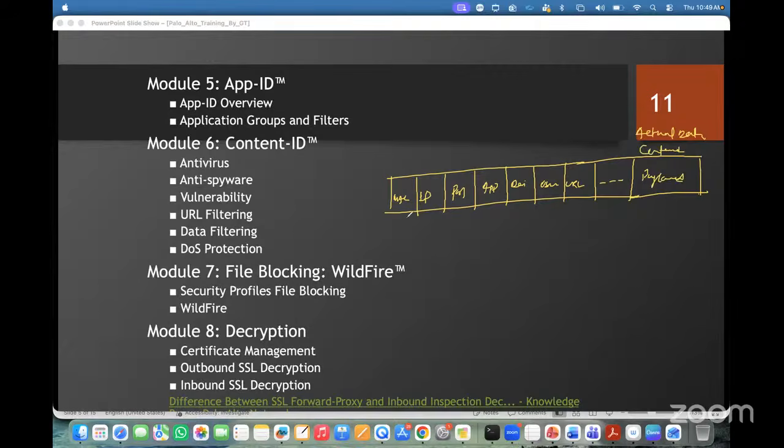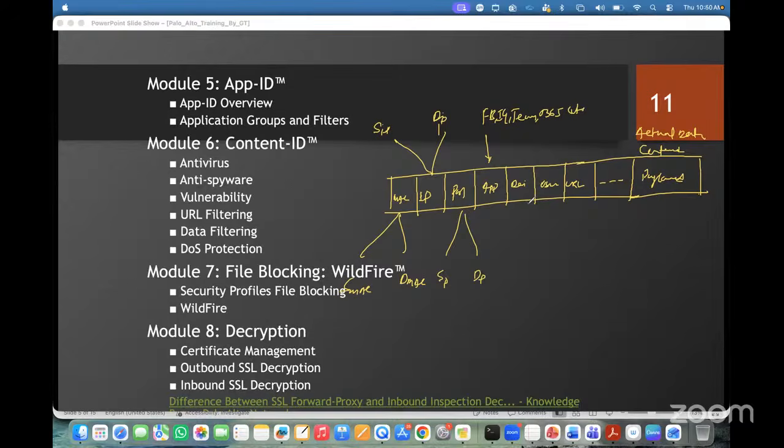So this can again be classified as source MAC and destination MAC. This can be classified as source IP and destination IP, right? This can be classified as source port, destination port. This is any application, can be Facebook, Instagram, Teams, O365, could be anything.